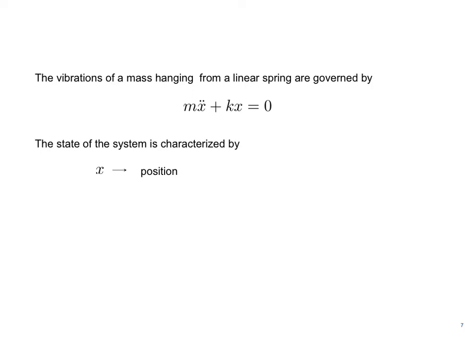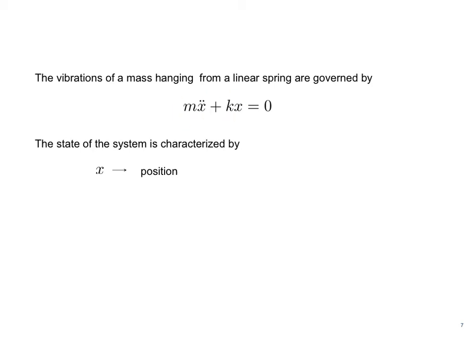So let's start with a very interesting equation, which is also everywhere in engineering. This is the spring damper system. You can recognize in here that we have a second order differential equation.